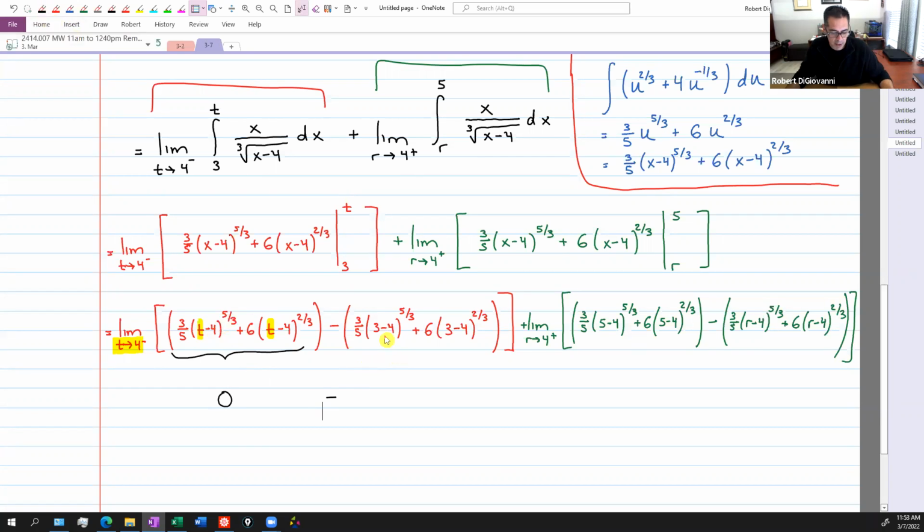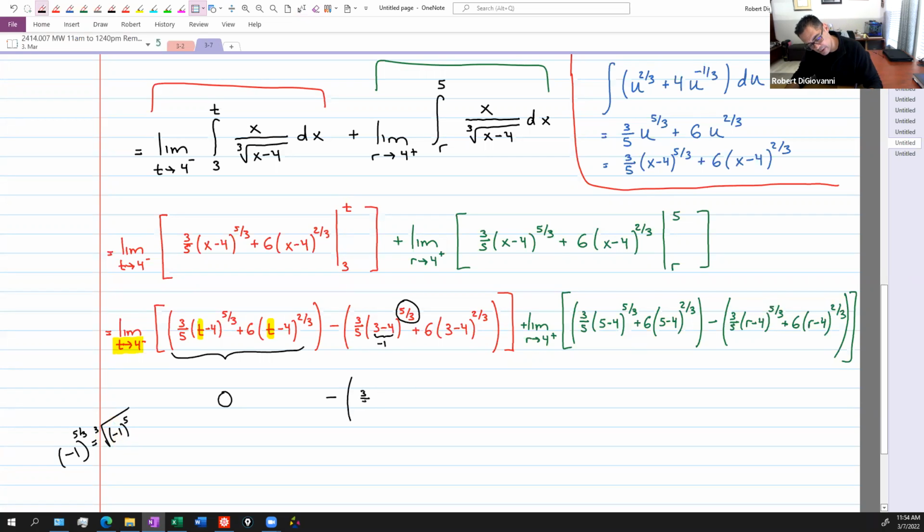Minus, over here, let's pay attention: 3 minus 4 is -1. What's -1 raised to the 5/3? That's really -1 to the 5th power, then take the cube root. -1 to the 5th is -1, and the cube root of -1 is also -1. So I get -1 there.